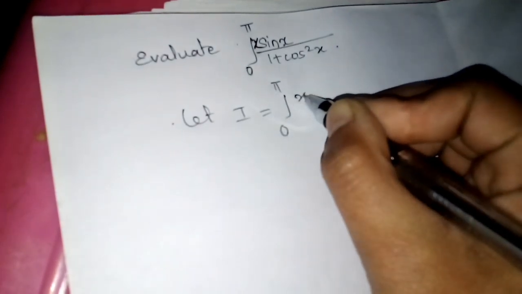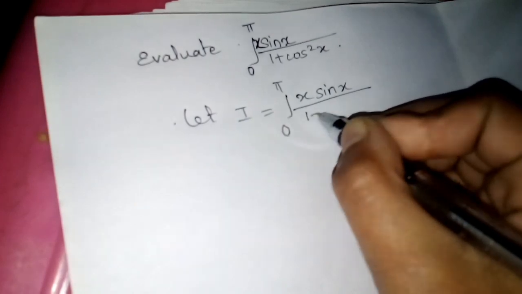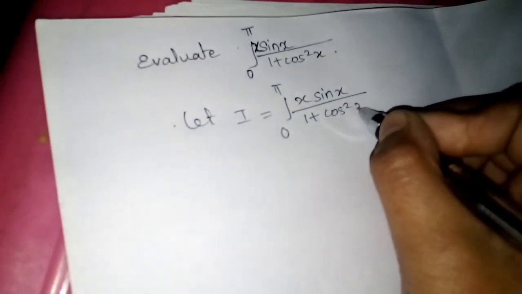So firstly, we have to consider this thing as I. Let I equal the integration from 0 to pi of x sin x upon 1 plus cos square x.